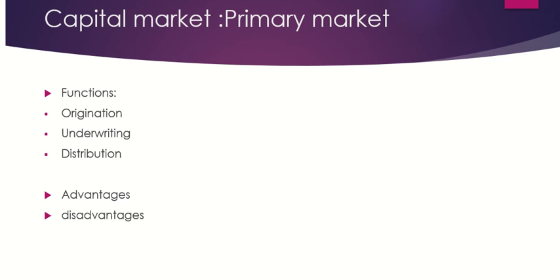So the components of capital market are basically categorized into two different kinds of market. One among them is the new issue market or the primary market. So the new issue market or the primary market is basically a market for the new issue of shares and securities.